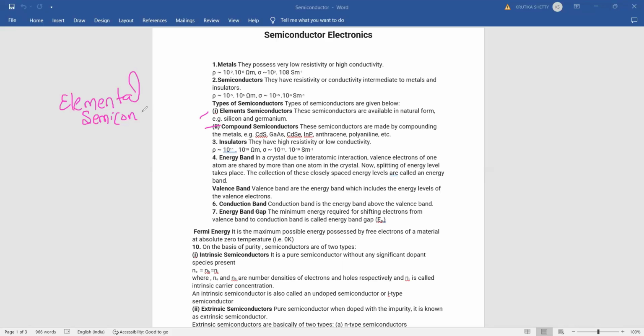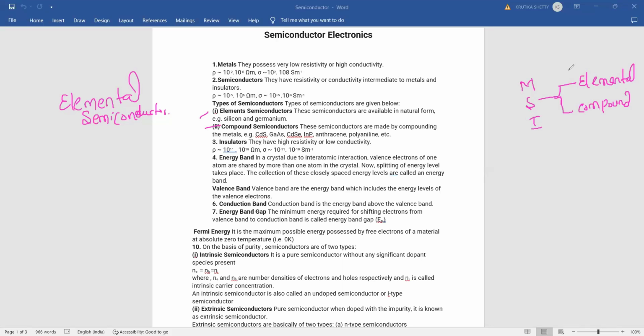So what we have discussed here, students, is that the materials can be divided into three types: metals, semiconductors and insulators. Again the semiconductors we are dividing into three types actually, but here we have only two: the elemental semiconductor and the compound semiconductor.